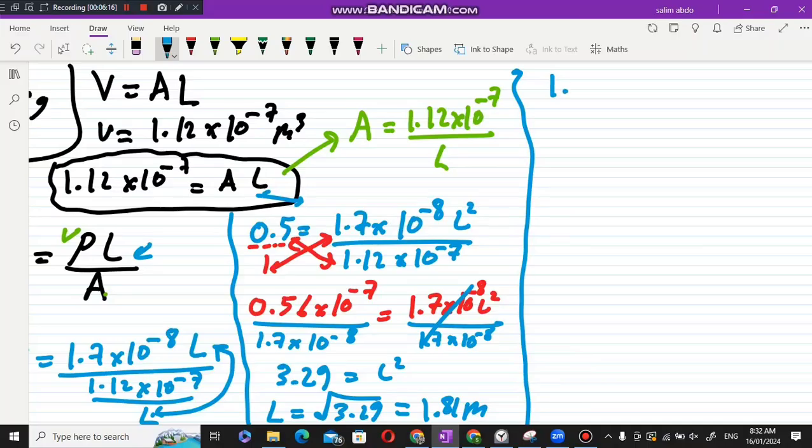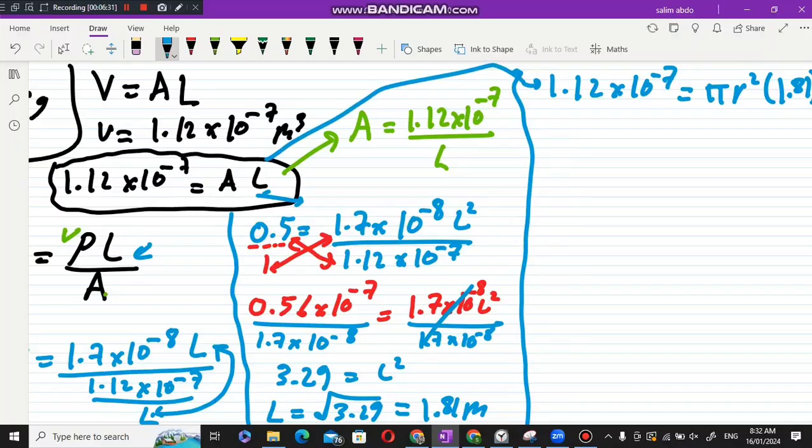So we'll do like this. 1.12 times 10 power minus 7 is equal to pi r squared times the length, and our length is 1.81. So basically we're using this formula. So we'll get that r squared is equal to the following. We divide by everything which is multiplied by r squared, which is pi and 1.81 for both sides.